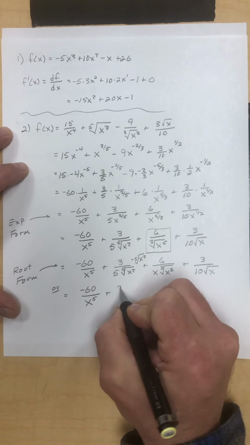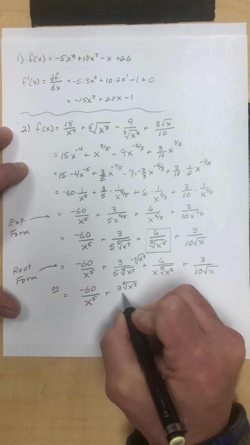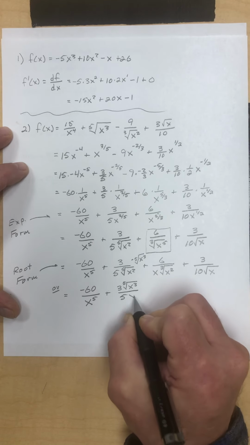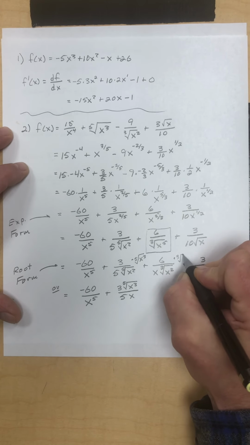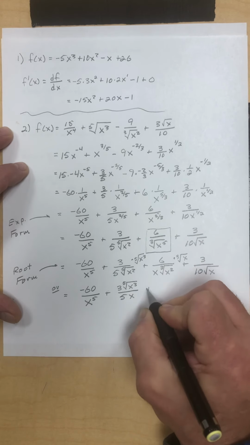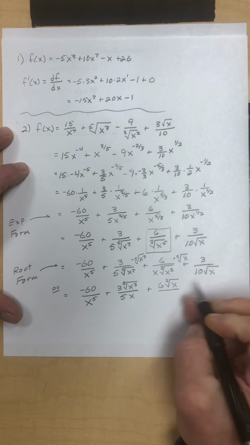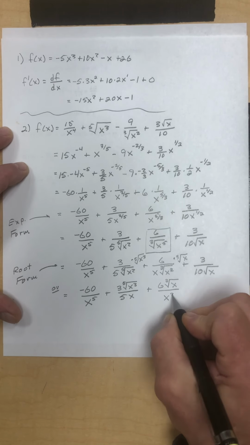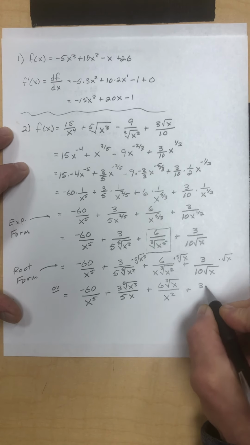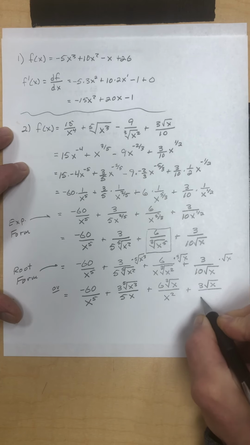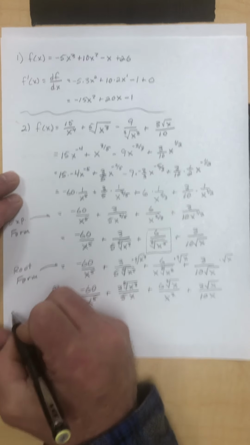So that would be negative 60 times the 5th root of x cubed all over 5x. This guy I would have to multiply by the cubed root of x. So I'm going to get 6 times the cubed root of x all over x times x, or x squared. And here I got to multiply by the square root of x. So I'm going to get 3 times the square root of x all over 10x. So this guy right here is just rationalized.